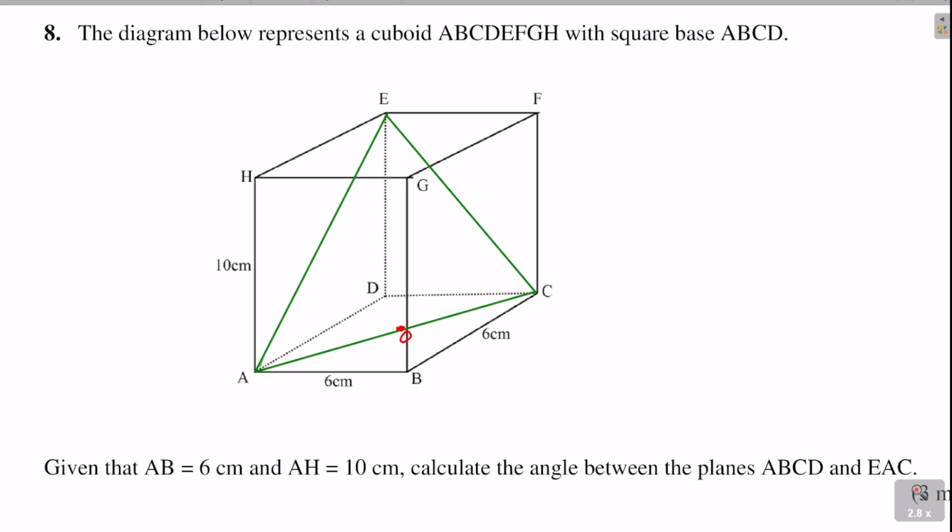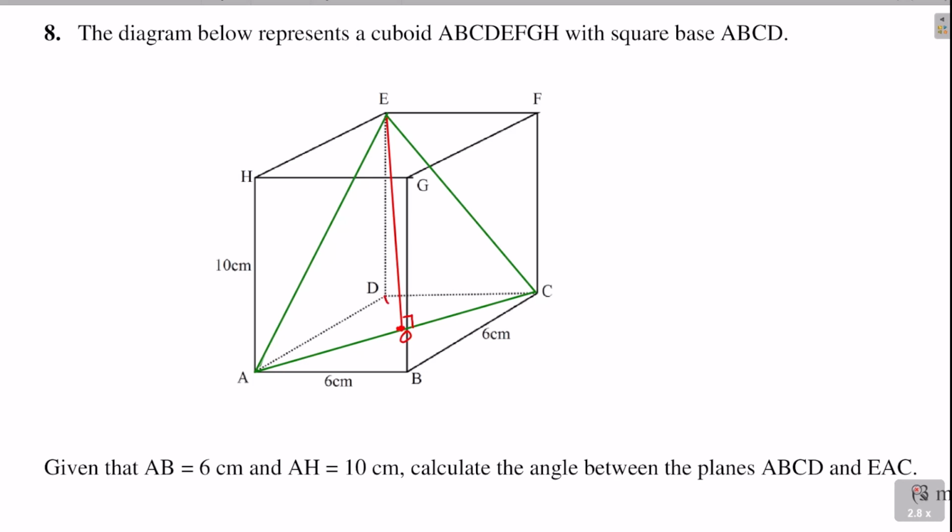So we draw a perpendicular from point E, that is on this plane EAC, to that line of intersection. So we'll draw that perpendicular. Then from the other plane ABCD, we draw a perpendicular from point D to intersect the other perpendicular.